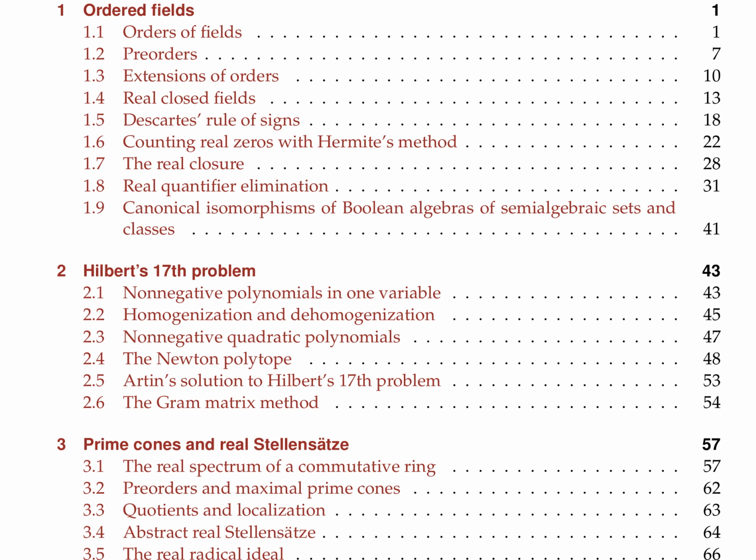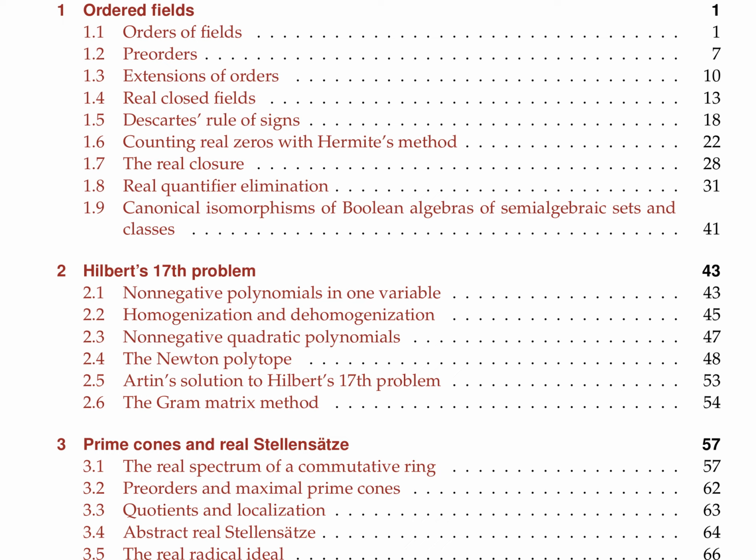We will also see that a non-negative polynomial in several variables is not always a sum of squares of polynomials. More precisely, we will learn about a tool called the Newton polytope that can help in proving such statements.